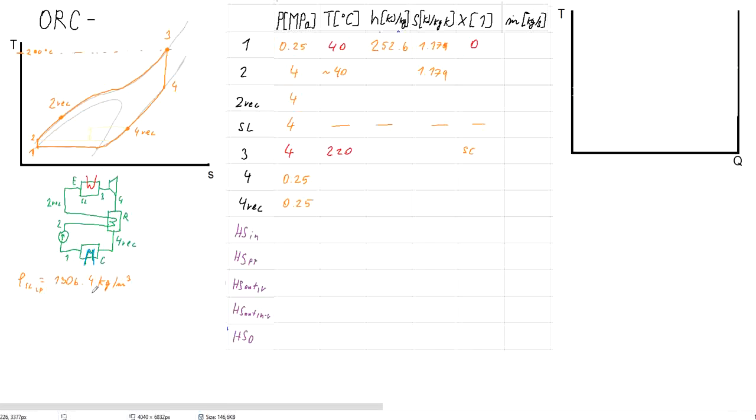So we get the work of the pump as 2.87 kilojoules per kilogram, and here at the point 2 the enthalpy would be 255.4.